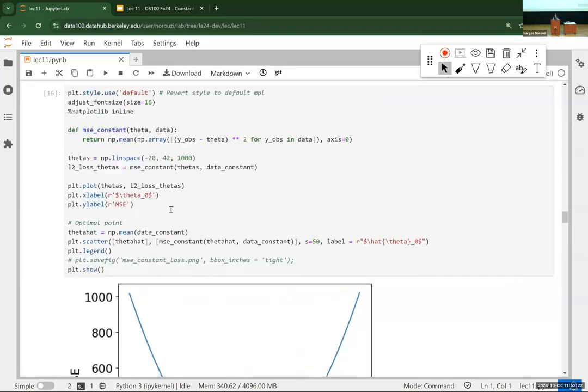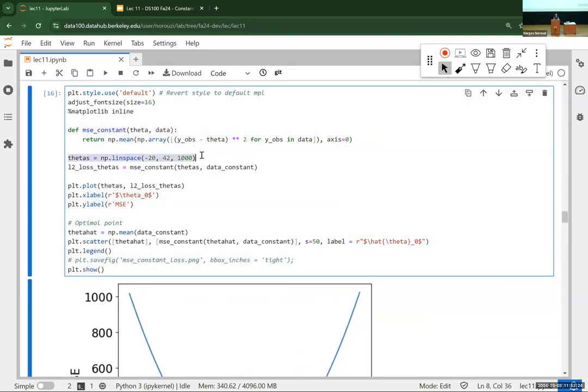So how did I arrive at that? Basically, I'm going to enumerate over all possible values of theta, looking only at the range that I think my theta 0 hat is going to be in. So I'm going to look at theta 0 ranging from -20 to 42.